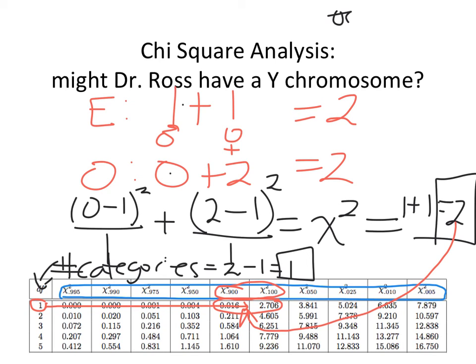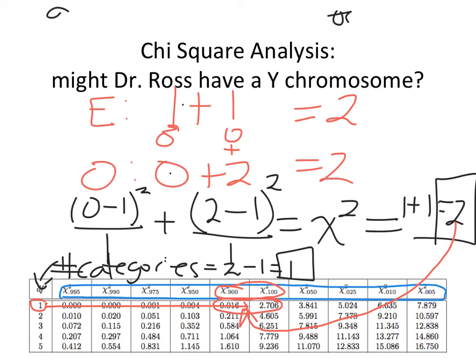It means there's a between 90% and 10% chance of something, 0.9, 0.1. 90% to 10% chance that the null hypothesis is true.